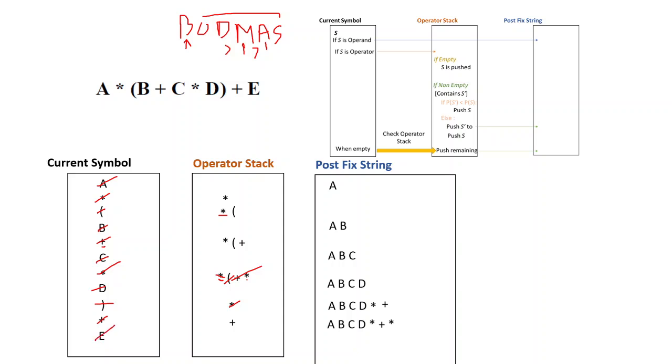Finally we have the last operand, which is E, which is going to be pushed to the postfix string. And now the scan is over. Now the remaining symbol is this addition, and this addition is now pushed to the postfix string, and this is what your answer will look like.